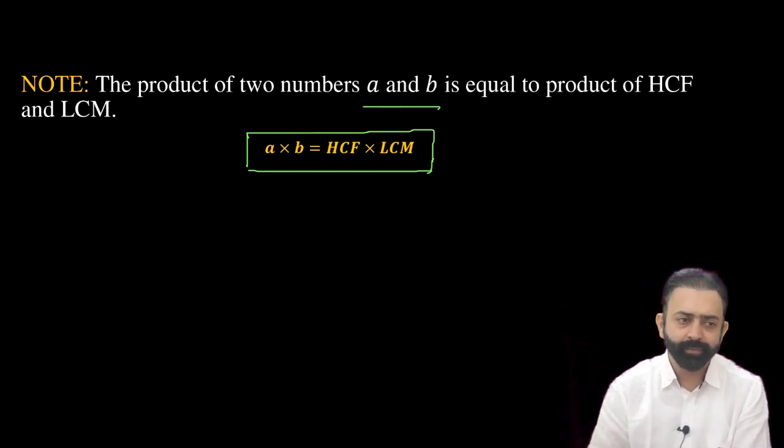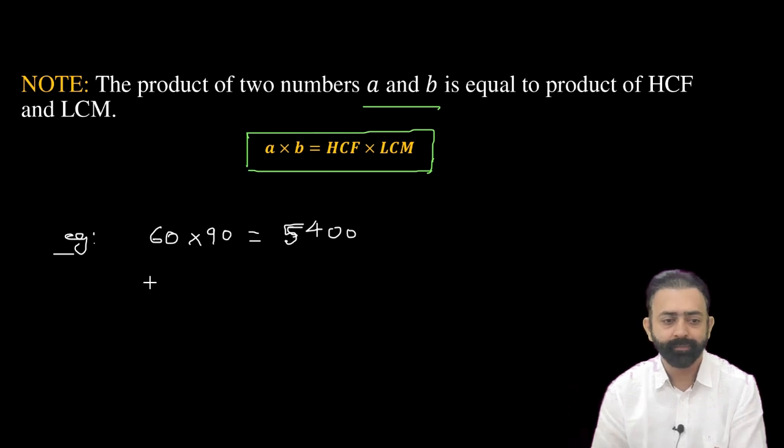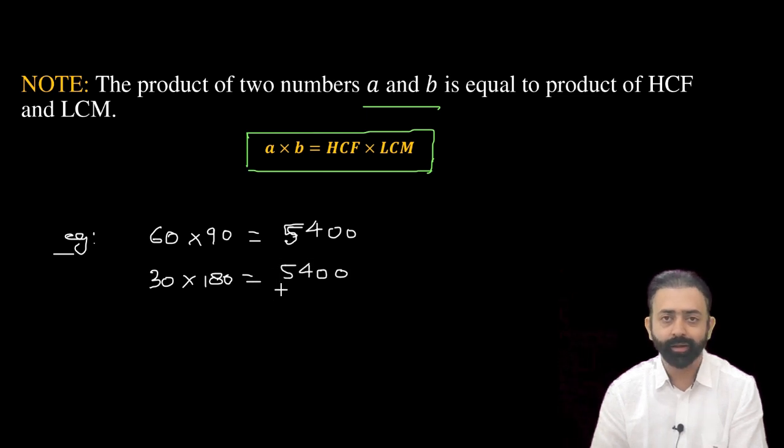We take the same example of 60 and 90, right? If I multiply these two, I will get the answer 5400. And if I multiply the HCF and LCM, the HCF was 30 and the LCM was 180, so again you will get the answer 5400.